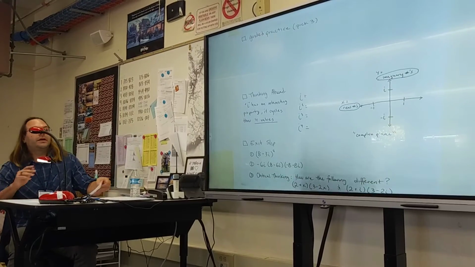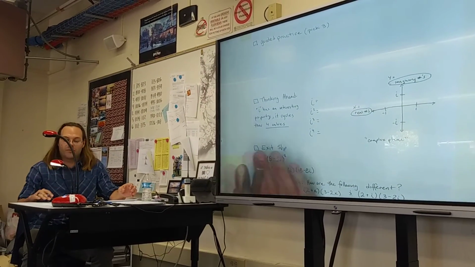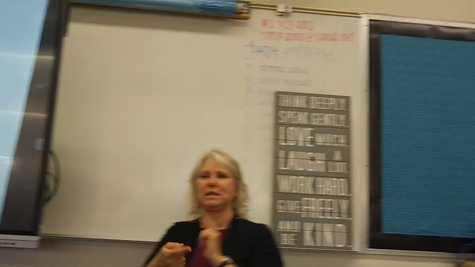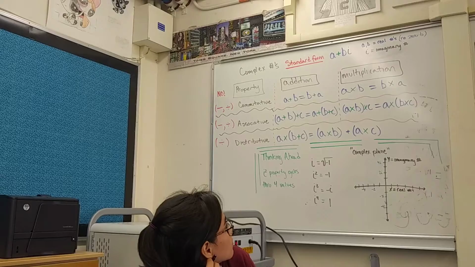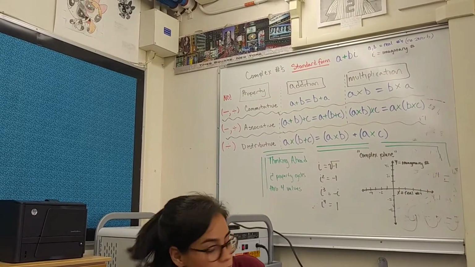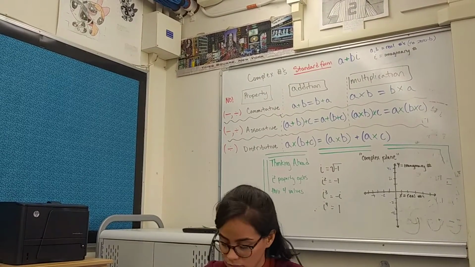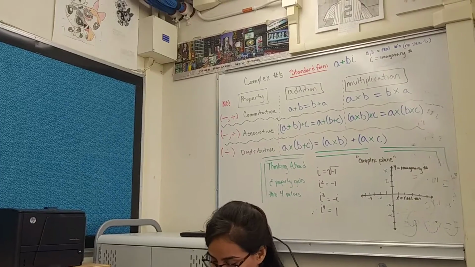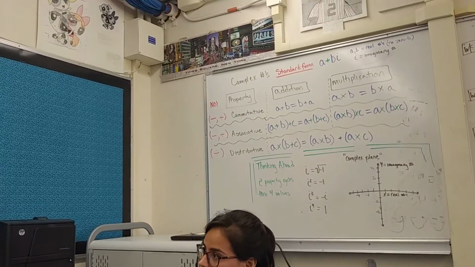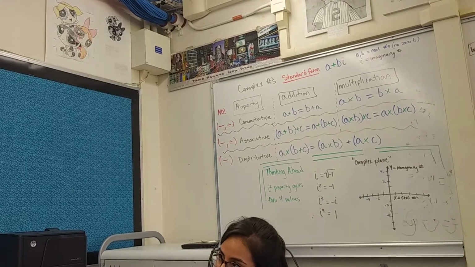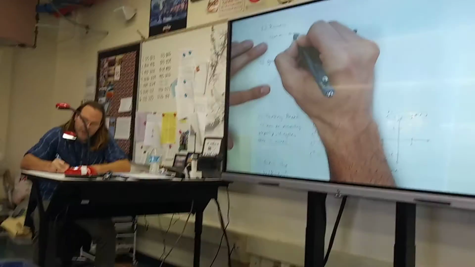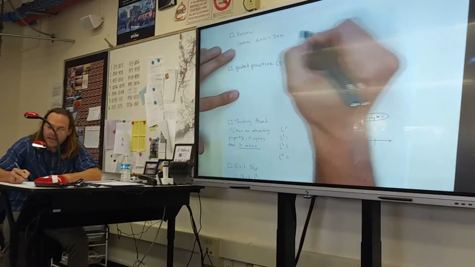So let's take a look here. I've also included some notes over on the board that are color coded if for some reason I'm going too fast. But we need to think about the commutative, associative, and distributive properties when we're adding and multiplying complex numbers. The commutative property, right, and I'll just write COMM up here: a plus b equals b plus a.